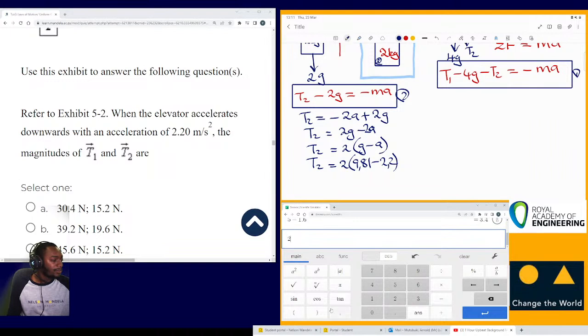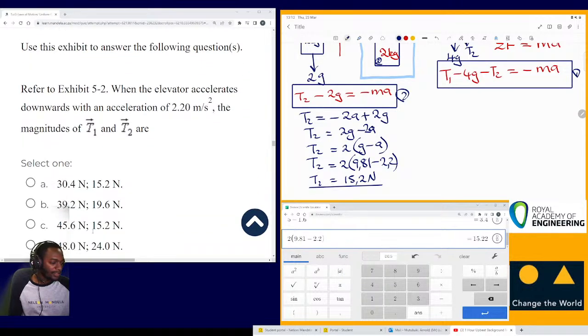So that will be 2 bracket 9.8 minus 2.2. We get 15.2 newtons. So T2 is equal to 15.2 newtons.